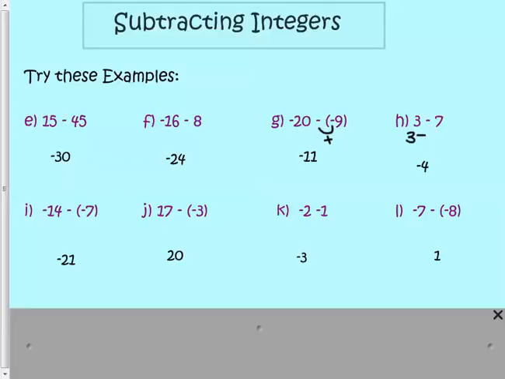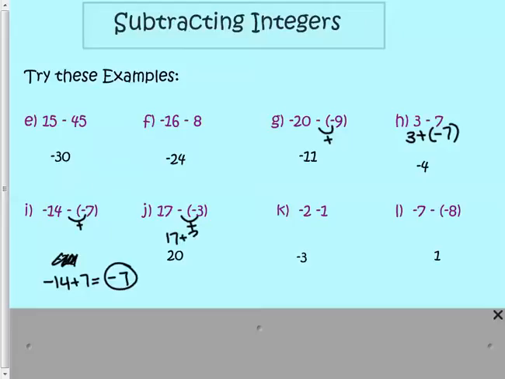This one, you have different signs, so subtract, take the sign of the greater. Down here, you add, and you have different signs. So hopefully you caught that mistake because they're different signs. So it's -14 plus 7, which is -7. Good thing we checked our work.